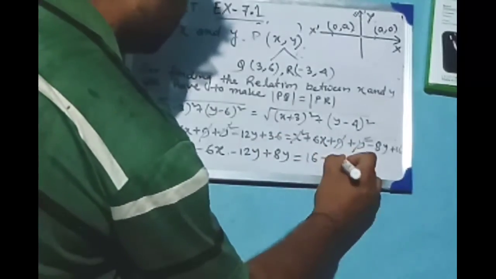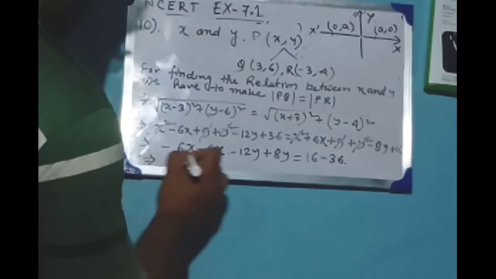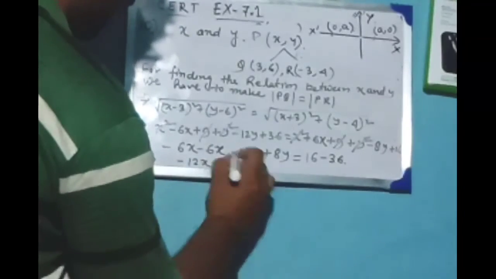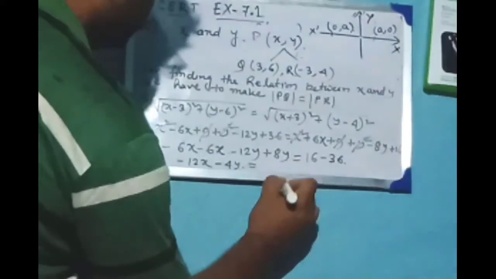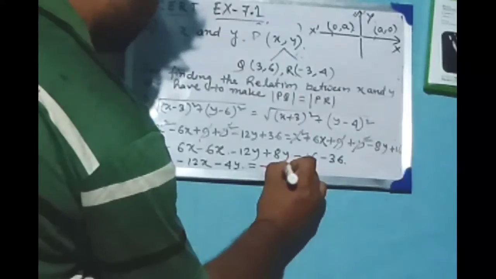16 minus 36. So if I write it here, that is minus 12x, this will be minus 4y, that equals minus 20.